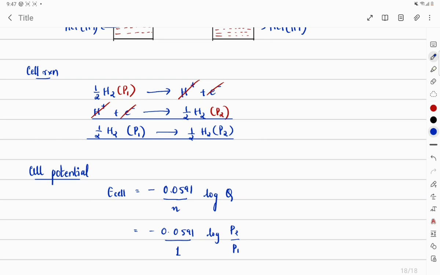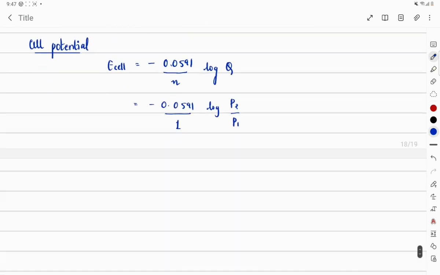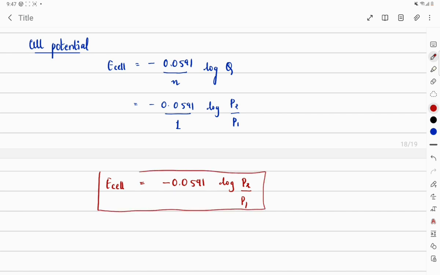Now just as you did in case of electrolyte concentration cell, we have to find which should be greater, whether P1 or P2. E cell is equal to minus 0.0591 log P2 by P1. If I want to cancel out the negative sign, in that case definitely P1 should be greater than P2.